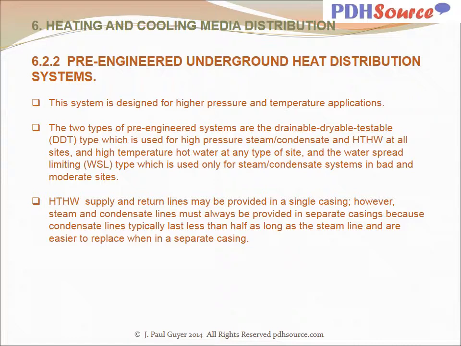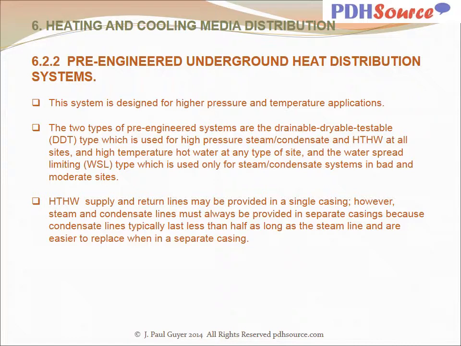Another category of media distribution is pre-engineered underground heat distribution systems. This system is designed for higher pressure and temperature applications. The two types of pre-engineered systems are the drainable, dryable, testable, or DDT type, which is used for high pressure steam and condensate and high temperature hot water at many sites, and high temperature hot water at any type of site, and the water spread limiting type, WSL, which is used only for steam condensate systems in bad and moderate sites.